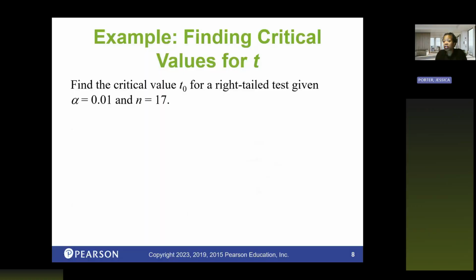Now, we want to find the critical value for a right-tailed test given alpha equals 0.01. So what is or are the degrees of freedom in this case?